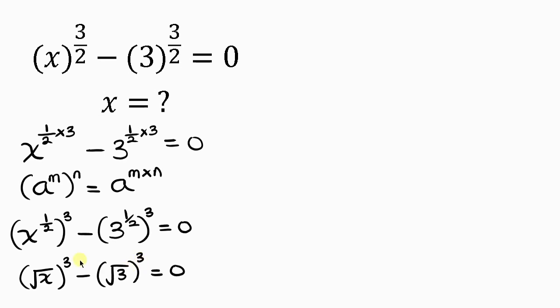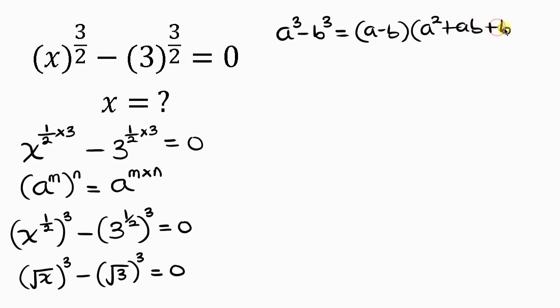So our next step will be for us to apply the property of difference of 2 cubes. For example, when I have a cube minus b cube, this is equal to a minus b times a squared plus ab plus b squared. So this is a property of difference of 2 cubes that we're going to be applying here.